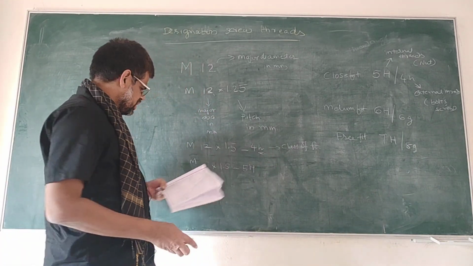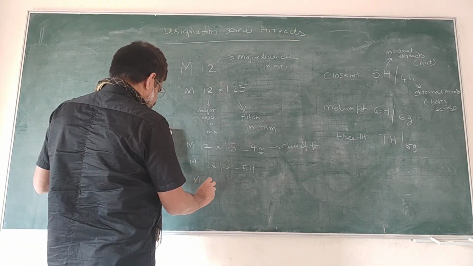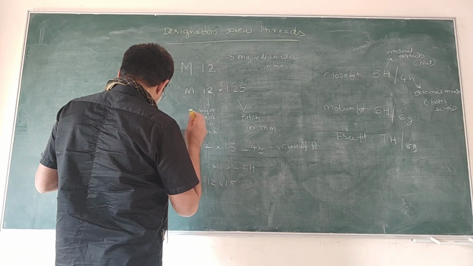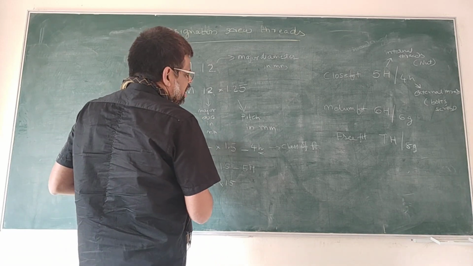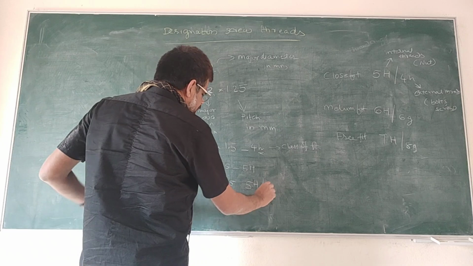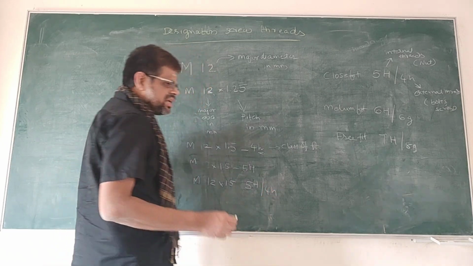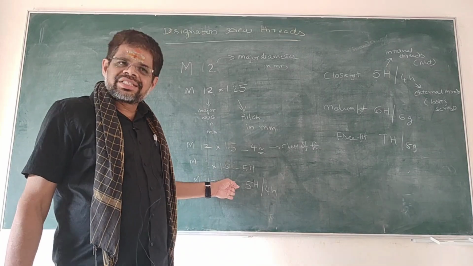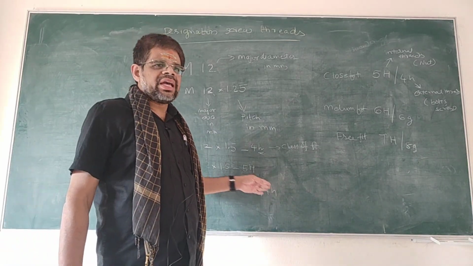Let me take another example. M12 into 1.5 hyphen 5H oblique 4H. Then what does it mean? Here we have used both capital and small letters.